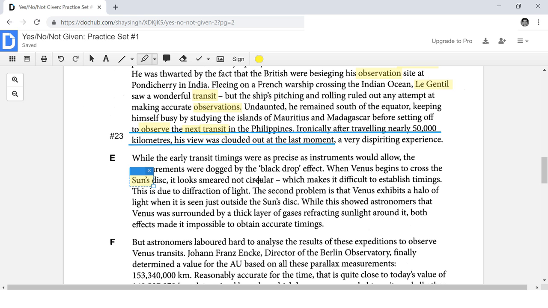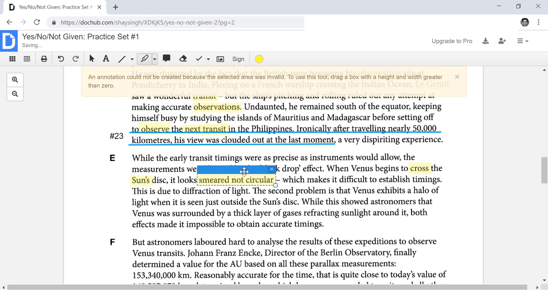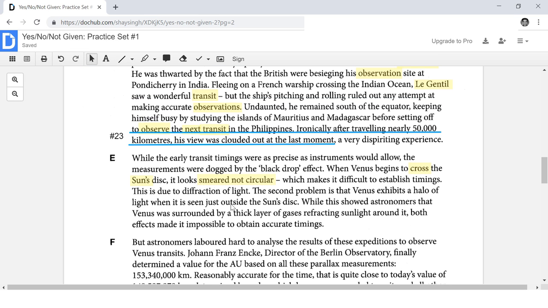And right away, I see something about the disk looking smeared, not circular. Oh, look at that. Venus begins to cross. Remember, we were looking for a certain type of crossing, a crossing in front of the sun. And then over here it says smeared, not circular. Here, they're using synonym language to talk about shape.